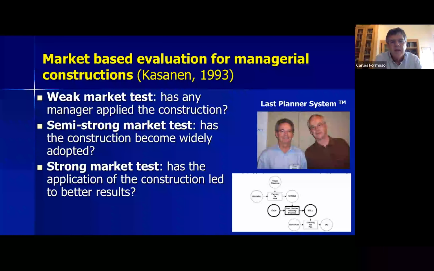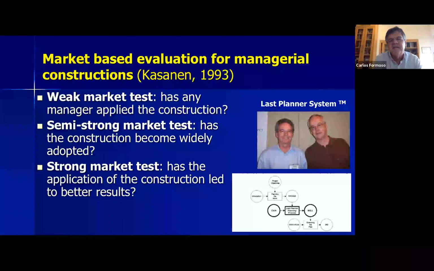And there is a third category of market test, which is a strong market test. It's when you demonstrate that this planning model leads to better results. Although this can be done in some specific cases, it's not very common to do that.